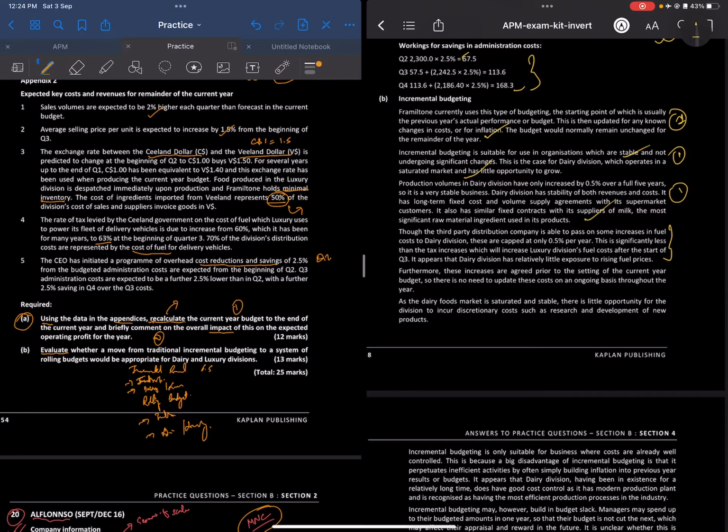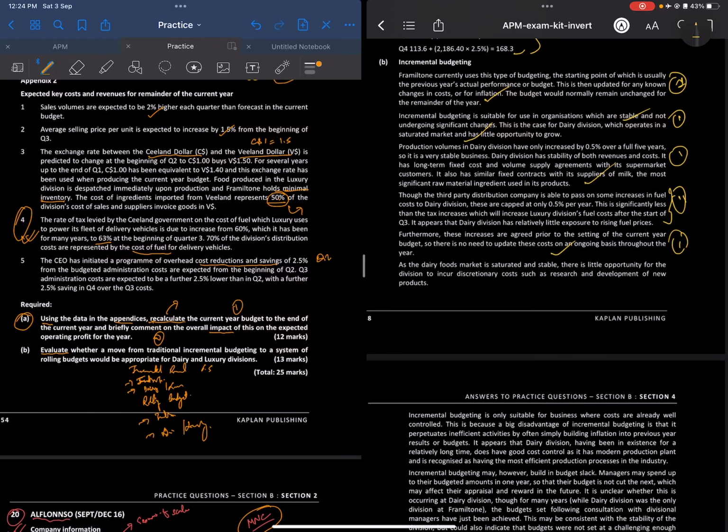And I think many candidates will miss this tax increases, which will increase the fuel cost, which is coming from this appendix point, which is very rare to think about in an exam setting. So probably 1 mark right over there. Furthermore, these increases are agreed upon prior to setting, right? So any update will be known. Of course, we answered that, 1 mark.